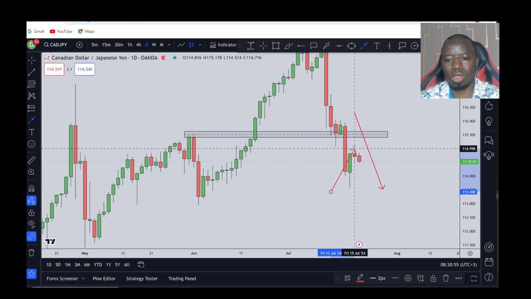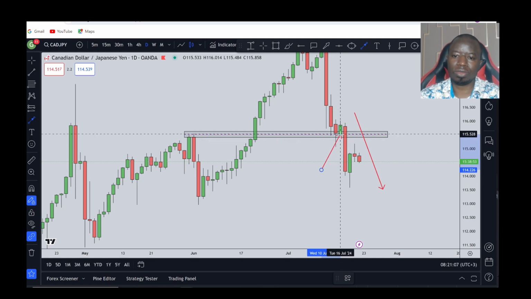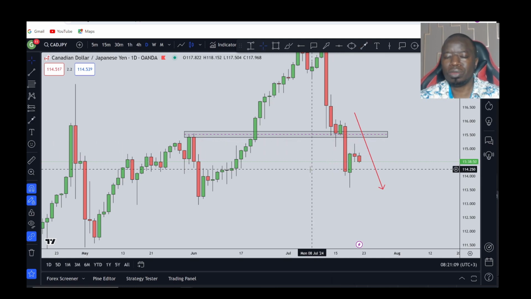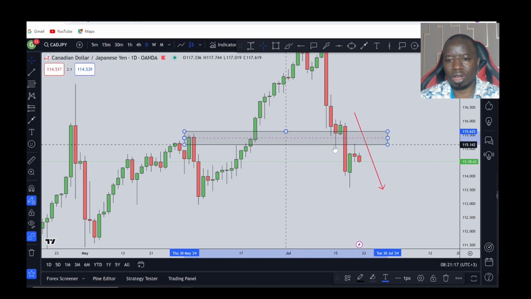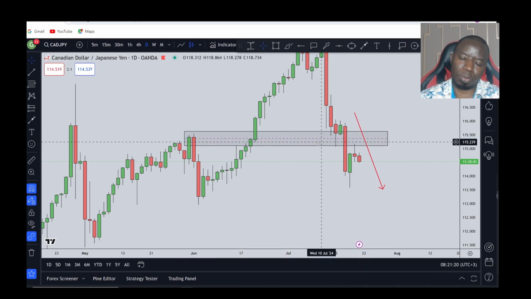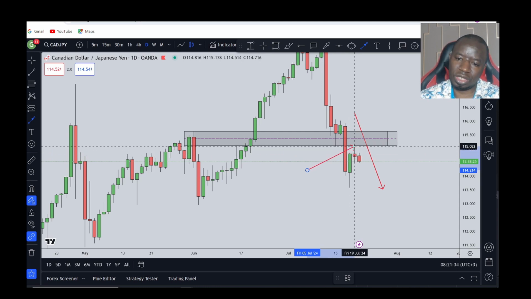This pin bar, you can see it's actually rejecting the low of the week of this bearish candle that was formed before the hesitation here. And so remember, the support area is not necessarily a point, it is a zone. And if you take into consideration the wicks of the candles that formed the support area, you can see that price with this candle here is testing and rejecting this resistance area.